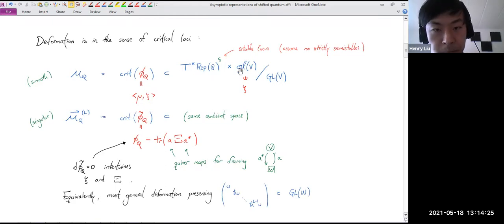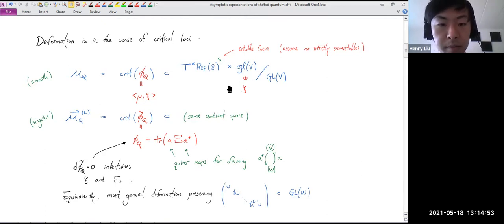The pre-image of 0 under the moment map for the space without this GLV factor will be exactly the Nakajima quiver variety. And so you can pair that space with a small GLV whose coordinate is this psi from earlier.